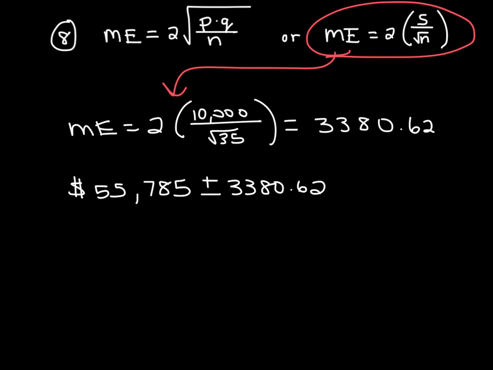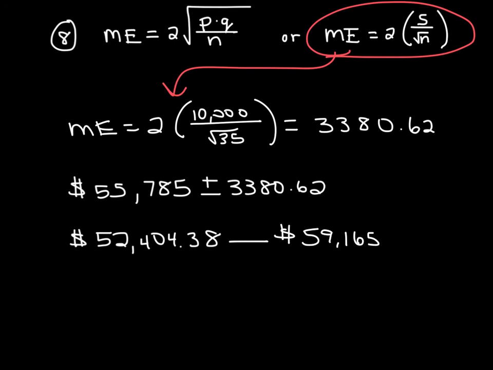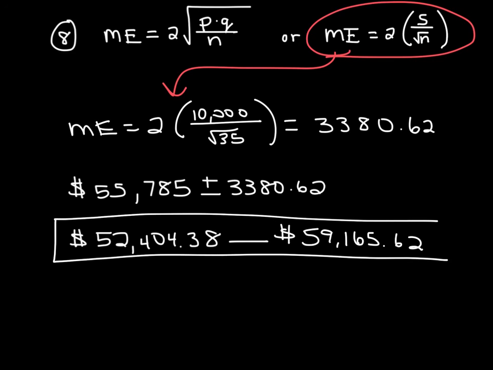Okay, so when I do the mean minus the margin of error, I wind up getting the lower bound of my interval to be $52,404.38. And then when I do my mean plus my margin of error, I get the upper bound of this interval to be $59,165.62. So this right here is my confidence interval if I want to be 95% confident.